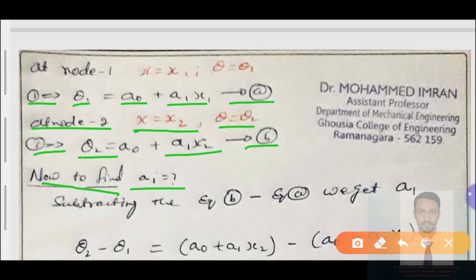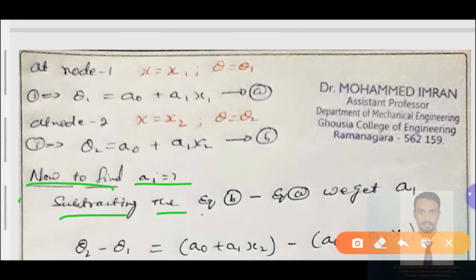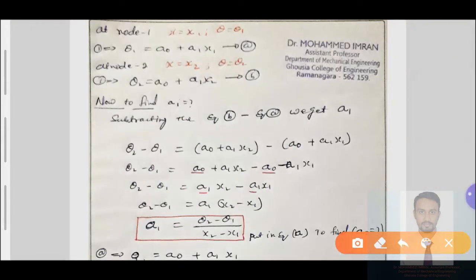To find out a1, subtracting the equation b minus a, we get a1. Now on the left hand side, theta 2 minus theta 1, we are subtracting equation number b minus equation number a.